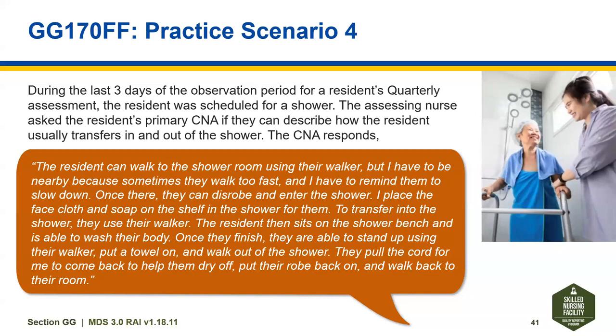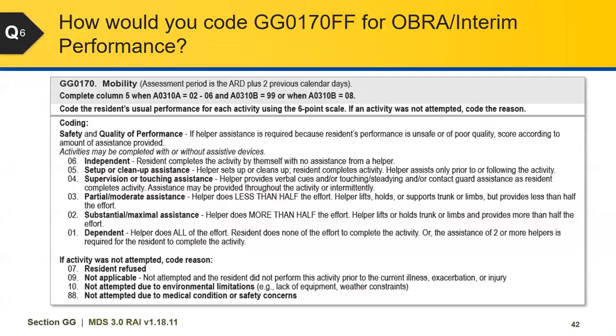They pull the cord for me to come back to help them dry off, put their robe back on, and walk back to their room." So how, in this particular case, would you code GG01301 for the OBRA interim performance?